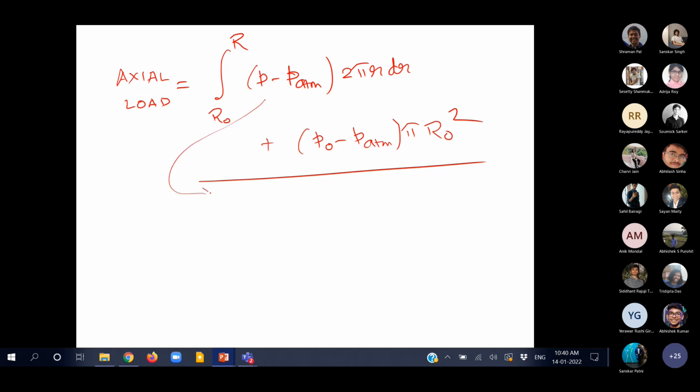And we know from here that P minus P atmosphere is simply K times ln R by R, which we have seen from our analysis of the pressure.